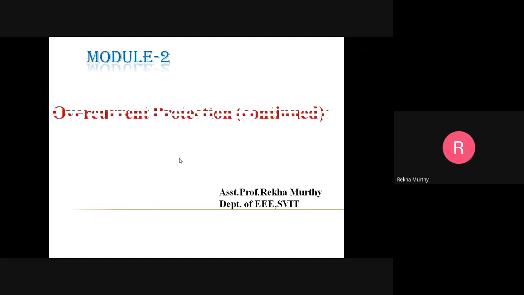Today I'm here to explain Module 2 of the subject Power System Protection, and Module 2 relates to overcurrent protection and a part of the distance protection.